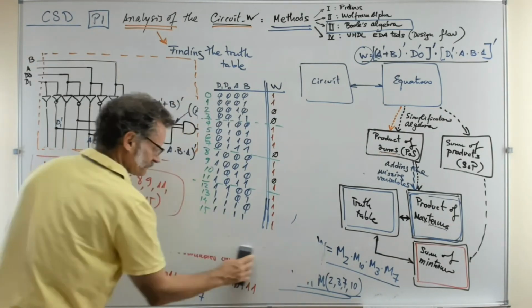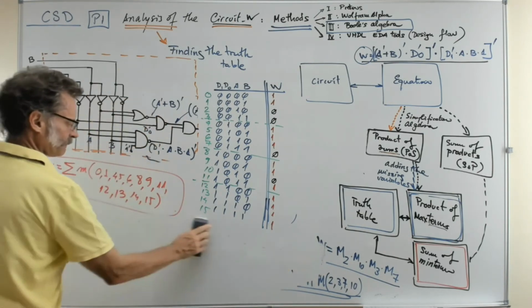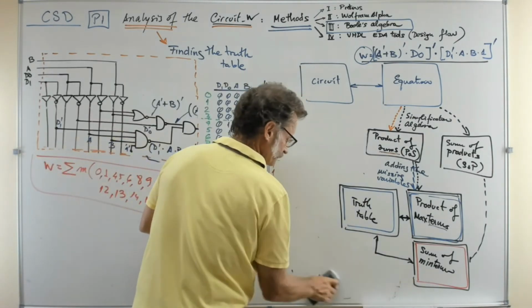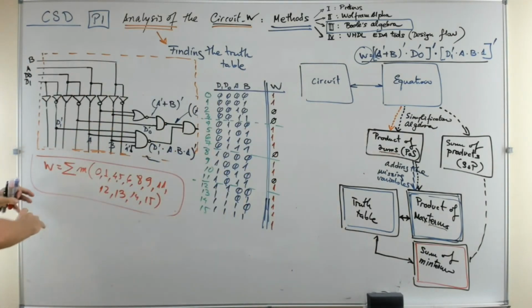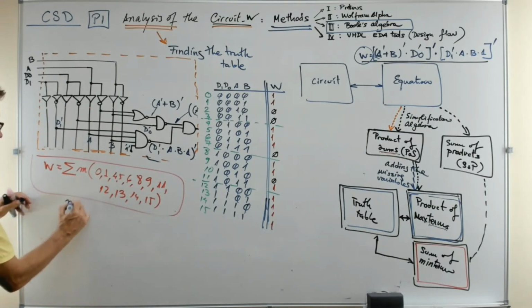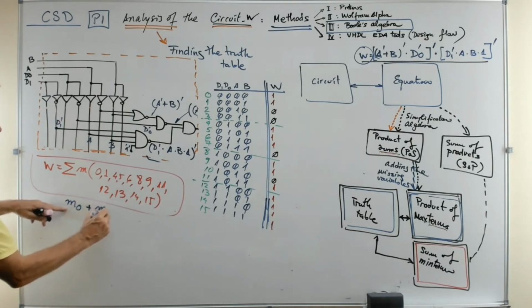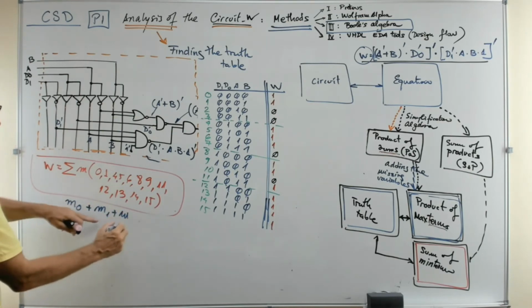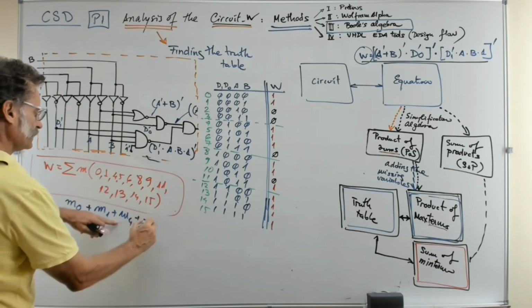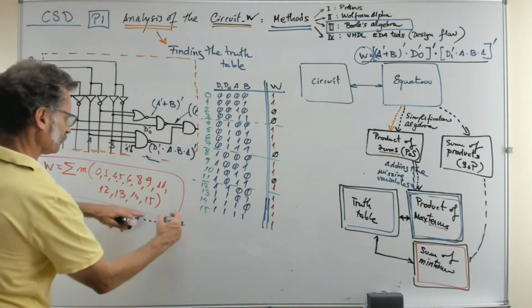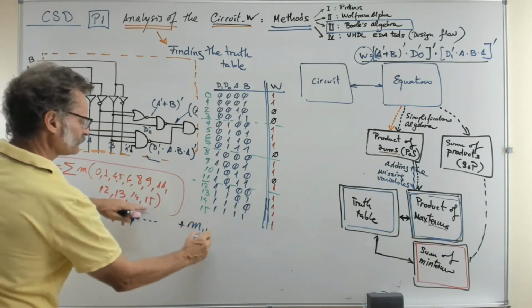So perhaps the final section of this analysis may be now getting the terms corresponding to the sum of minterms, because you know this is nothing but the minterm 0, or the minterm 1, or the minterm 4, and then many more, and the final one, if you like, the minterm 15.